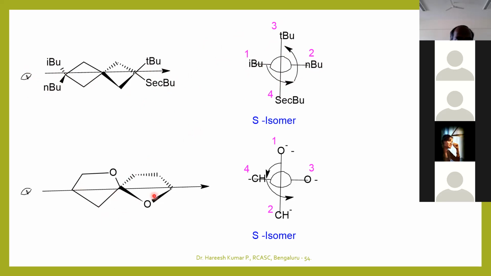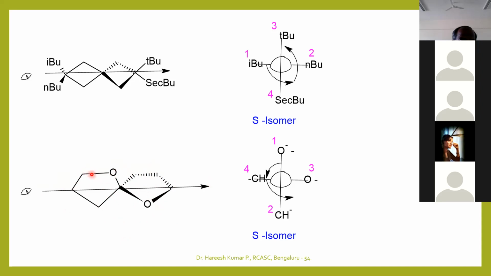Similarly, one can assign R and S configuration to this Spiro compound. This is also a Spiro compound. What you need to account here, this is nothing but A, B. This is A, this is B. Similarly, this is A, this is B. Okay, so what will happen? When a chiral axis is passing through this, what you can observe, this is in one plane, this is in another plane, and these two groups are horizontal ones and these are vertical ones.